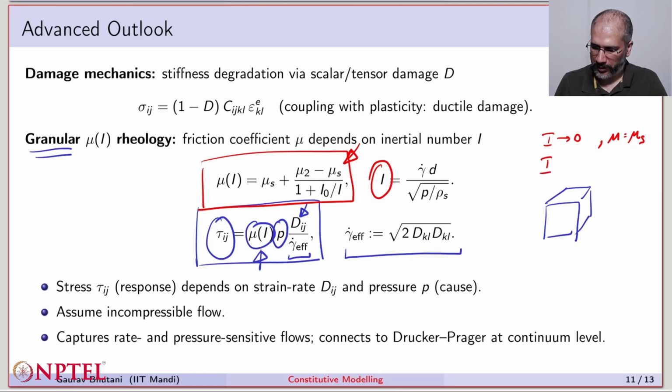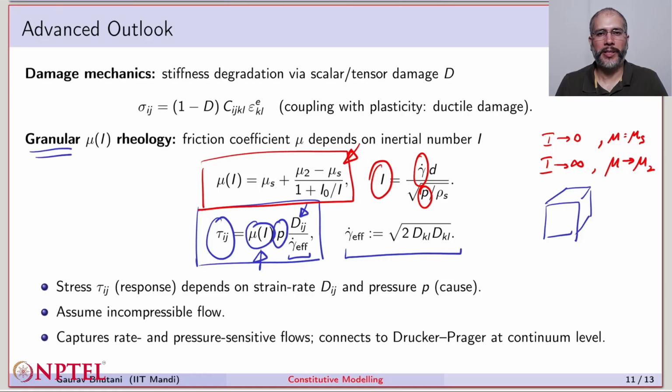So that's like a solid-like regime where the grains may be jammed. And when this I tends to infinity, which would happen if our gamma dot is very large, or if our pressure was really small, then the mu would actually tend to mu_2, which is the other end of the spectrum for dynamic friction.